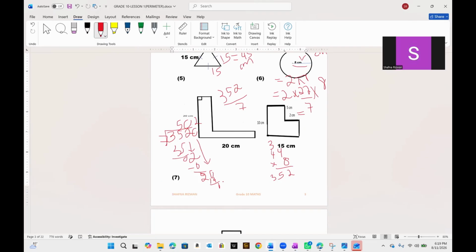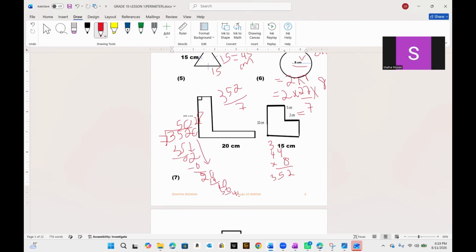Then again put 0. In 60 how many 7 do you have? 7 eights are how much? 56, no? So you can put 8 here.